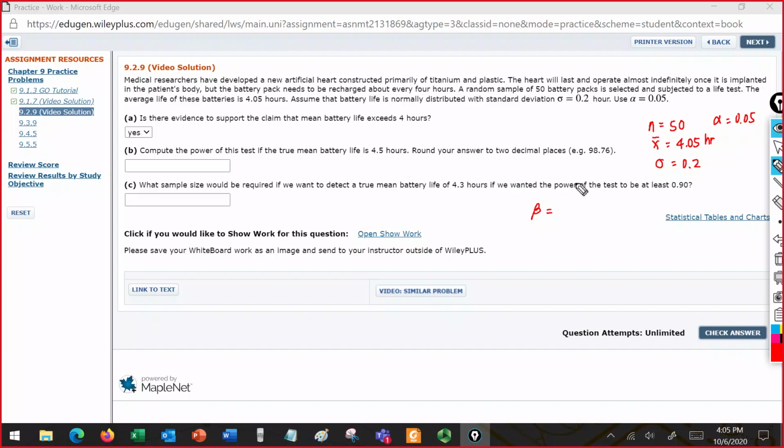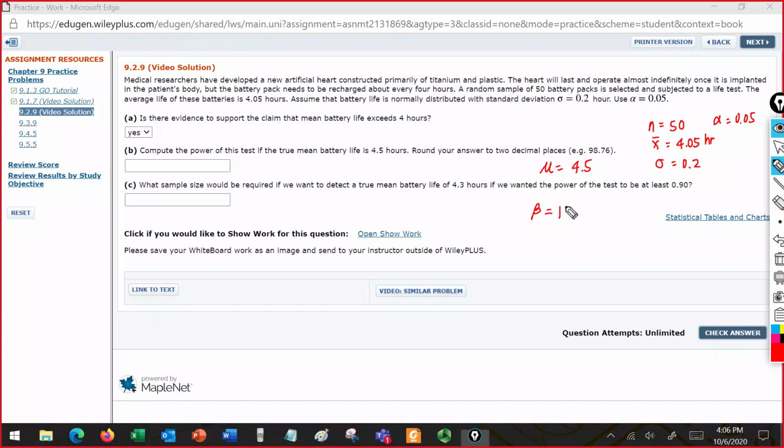I changed the mu here for part B. It is now 4.5. The critical region is on the right, exceeds because of the word exceeds. So for beta, let's consider the opposite of the critical region, which is the acceptance region.